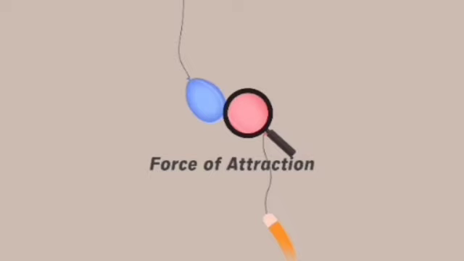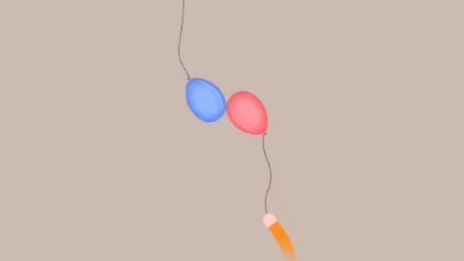We can say that this balloon acquired something from the cloth after rubbing, and that something is what we call electrostatic charge.